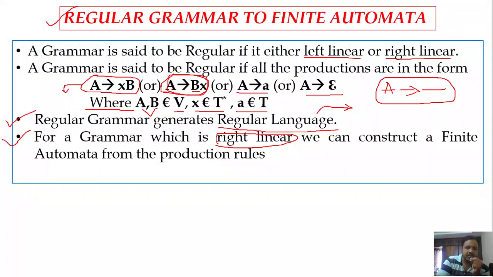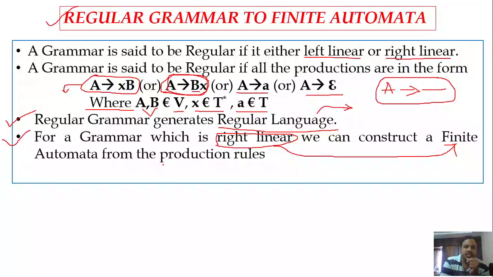So remember one point here, only right linear grammar can be converted into the corresponding finite automata. That is the first property in the conversion of regular grammar to finite automata, by considering the production rules.